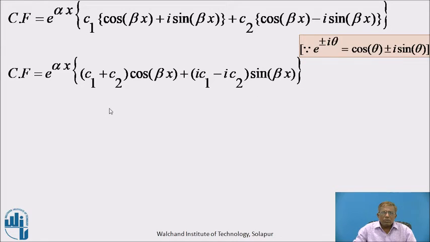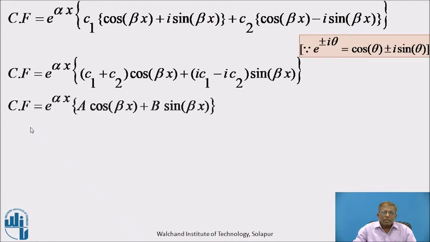Since c1, c2 are constants and i is an imaginary constant, c1 plus c2 is another constant denoted by A, and i c1 minus i c2 is a constant denoted by B, so that CF equal to e raised to alpha x and in bracket A into cos beta x plus B into sin beta x.